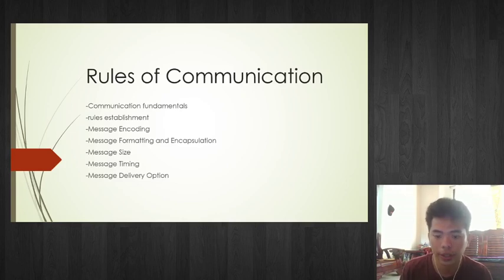Next one is message formatting and encapsulation. When a message is sent to its destination, it must use a specific format or structure. That message format depends on the type of message and the channel that is used to deliver the message.